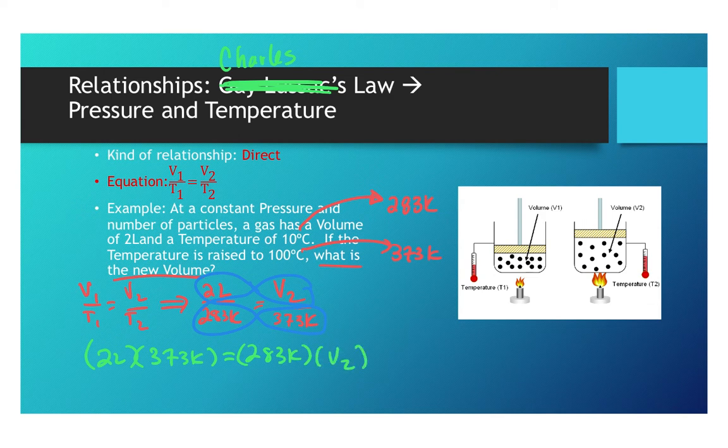The way that we solve for this is to go ahead and divide both sides by 283K so we can get V2 by itself. And if I do that, I end up with a final new volume of 2.64 liters.